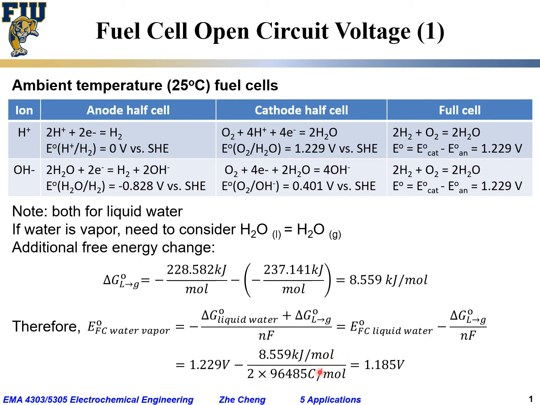N would be 2, F is 96,485 coulomb per mole. And if you work out the math, it would turn out to be slightly lower, 1.185 volt. The standard cell potential would be 1.185 volt if the product in the above reaction is not liquid but water vapor. Okay?